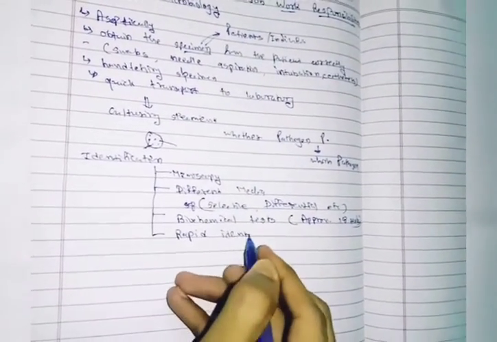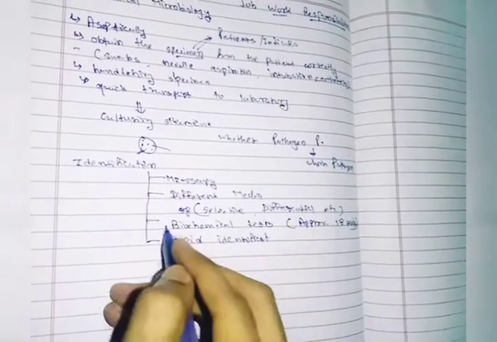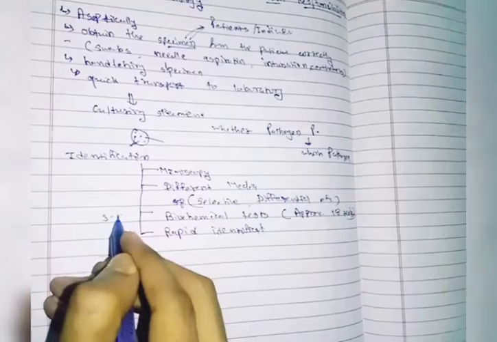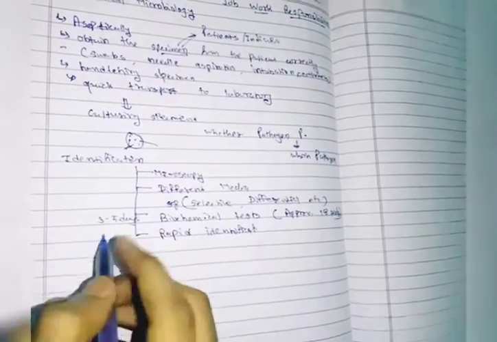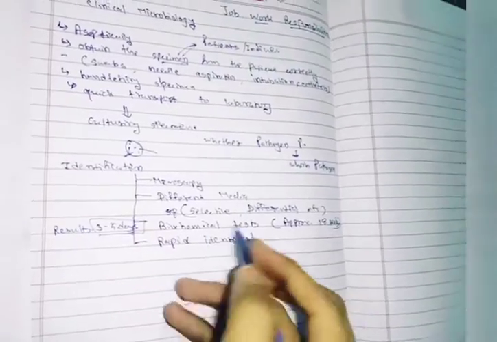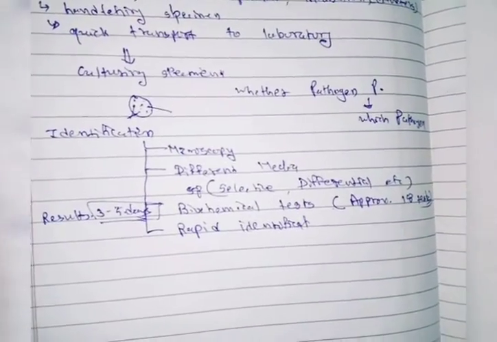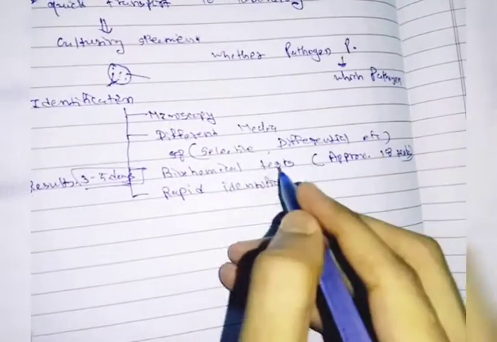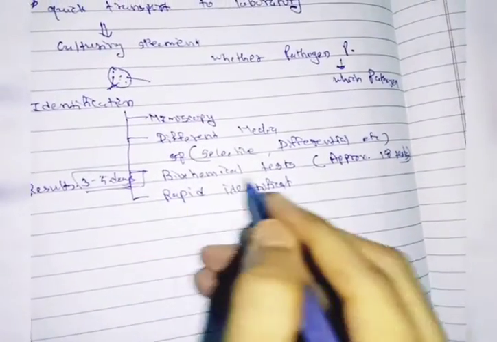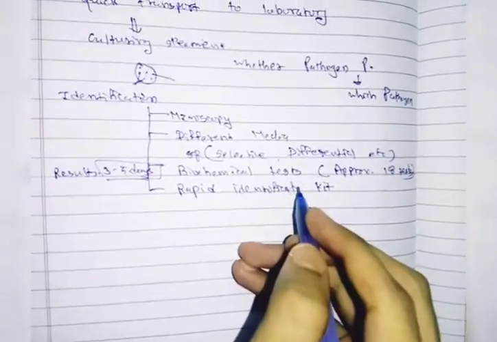Nowadays, biochemical tests are so many, and they require 3 to 4 days for proper results. But nowadays in many cases we require results in a very short period of time. So modifying biochemical tests into just one test kit is possible, and it's commercially available nowadays.